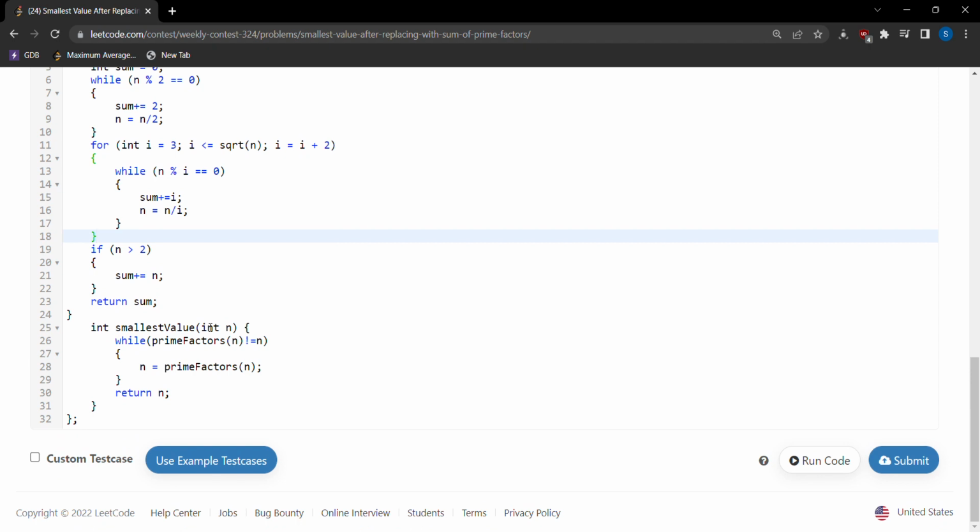For a prime number, the sum of its prime factors is the number itself. Are you getting my point? Let me take an example. A prime number is 17, right? The prime factor of 17 is 17. 17 is the only prime factor. So the sum of prime factors is equal to the prime number.